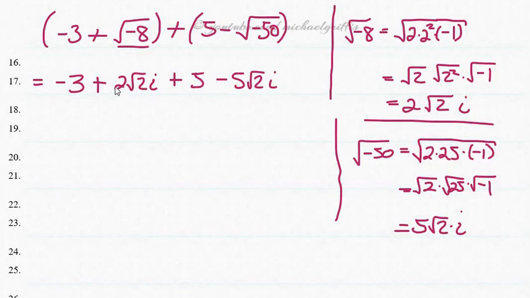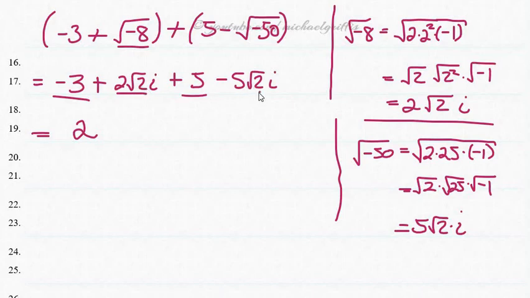Okay? Now let's take a look at what we got here. Here's our real parts, so let's add them together. -3 plus 5 is 2. Right? And where are we at here? Oh, so these are two like terms right here. 2 times the square root of 2.